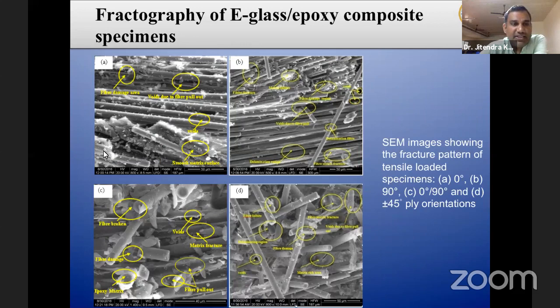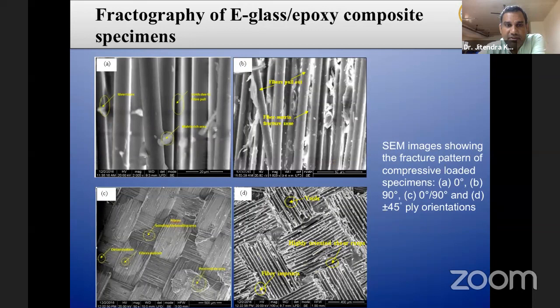After each test, in the tensile test we see fiber pull out, epoxy matrix pull out, fiber damage, fiber broken, and voids formed inside the material due to the fiber pull out. Sometimes fiber fracture also happened. These are some tensile images, and you can see very little damage in the 0-degree, which is why it shows the better tensile property in that structural one.